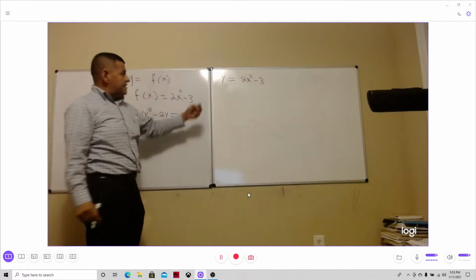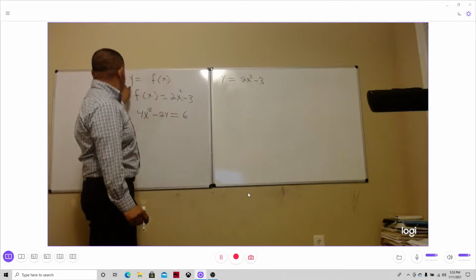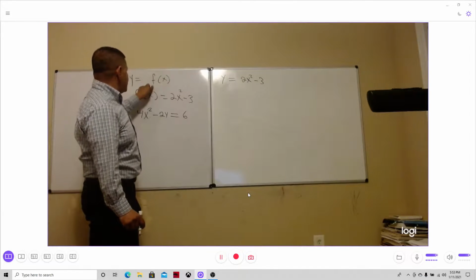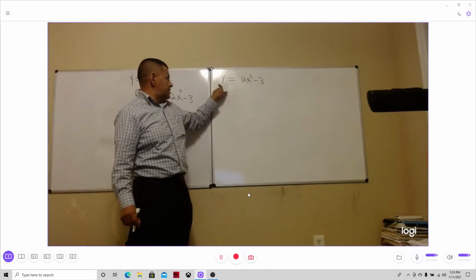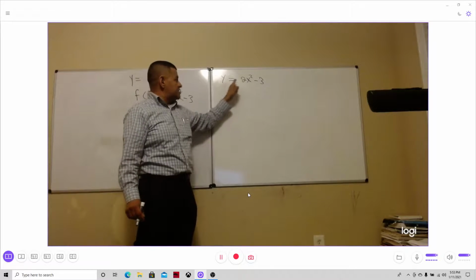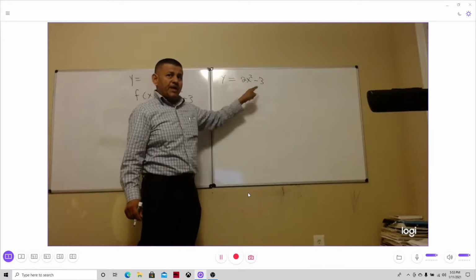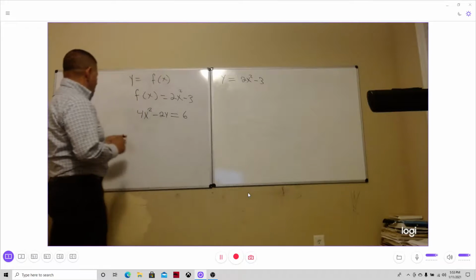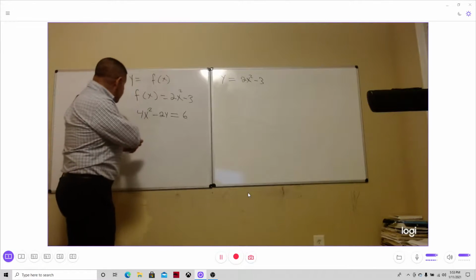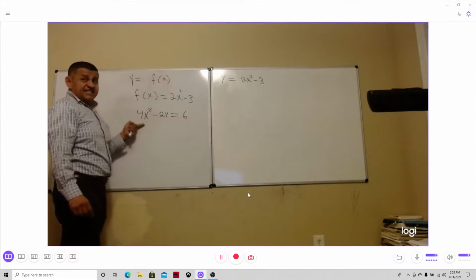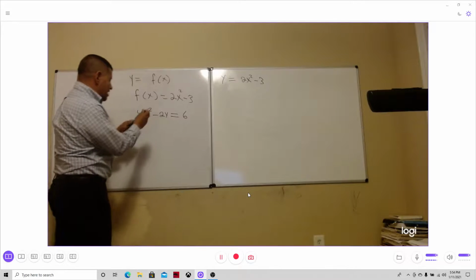So we agree that y is equal to f of x, so this is the same as saying f of x is equal to 2x squared minus 3. So the book claims that this equation is the same. How can we prove it?